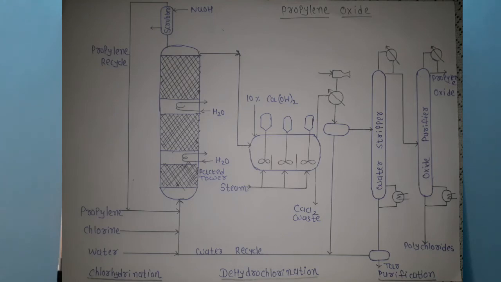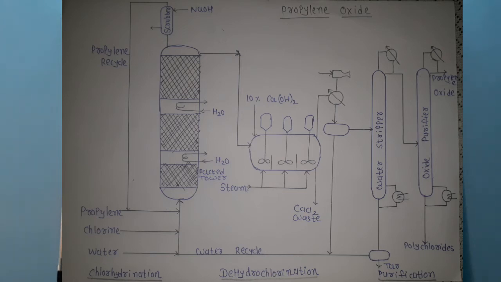Okay, now let's discuss about the flow diagram. Propylene, chlorine and water are fed into the bottom of the packed tower, which is shown in flow diagram. The formation of hypochlorous acid reacts with propylene to produce chlorhydrin. The reaction is highly exothermic. So the reaction temperature, that means maximum temperature of tower, is held at 50 degrees centigrade.